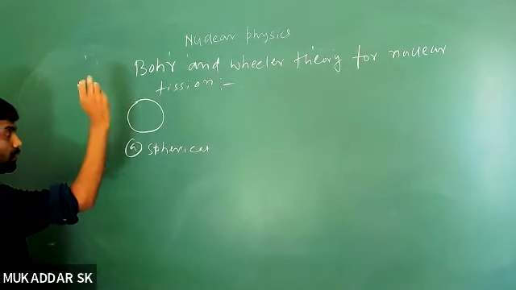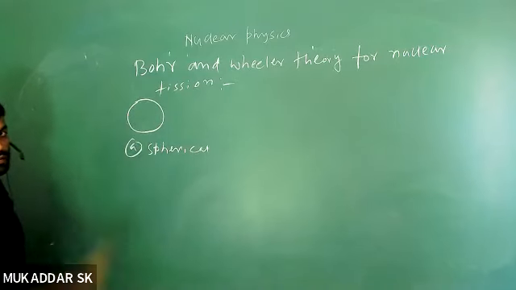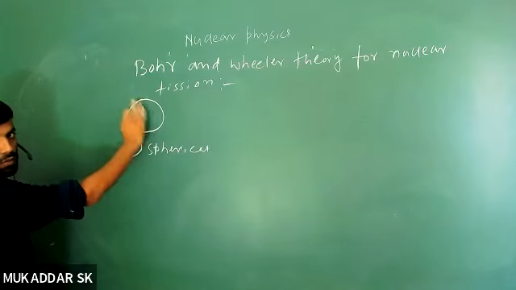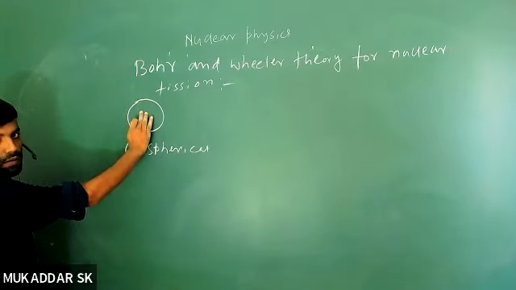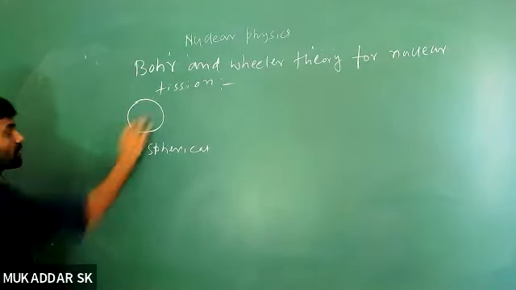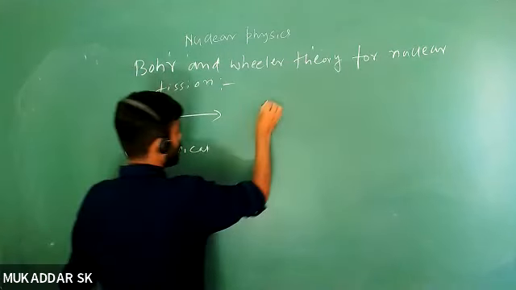So uranium captured a neutron and it goes to an excited state. Since it has an excess amount of energy, it will start oscillating, or vibrating. Therefore there will be a change or deformation in the shape. Due to this excess energy, it will deform into an ellipsoid shape.